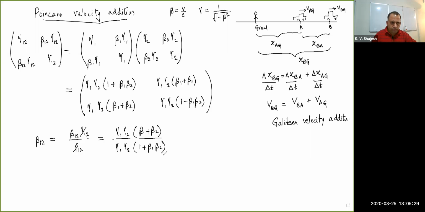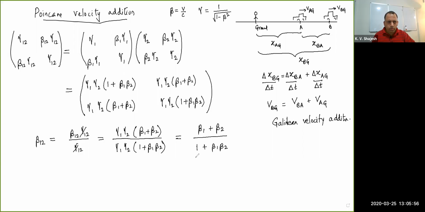Thus, the relative velocity formula of Einstein's relativity, after cancelling out the gammas, is beta 1 plus beta 2 divided by 1 plus beta 1 beta 2. This is sign dependent.